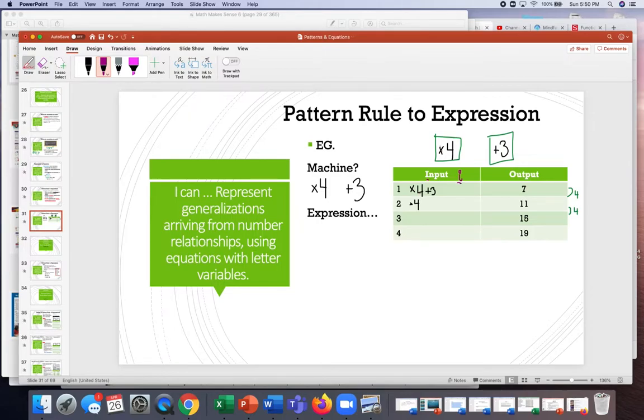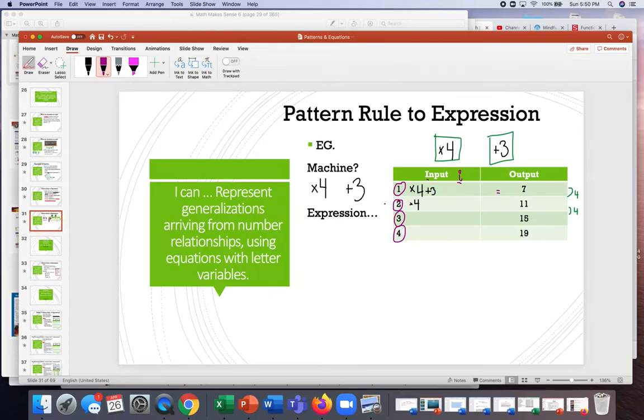If I have my I, which is my input, for this one it is 1, for this one it is 2, for this one it is 3, for this one it is 4. So I times 4 plus 3 equals 7. I, which in this case is 1, 1 times 4 is 4, plus 3 is 7.